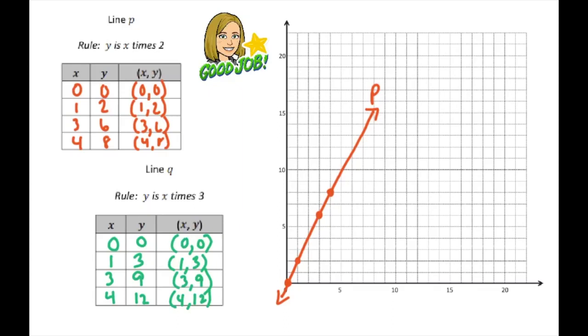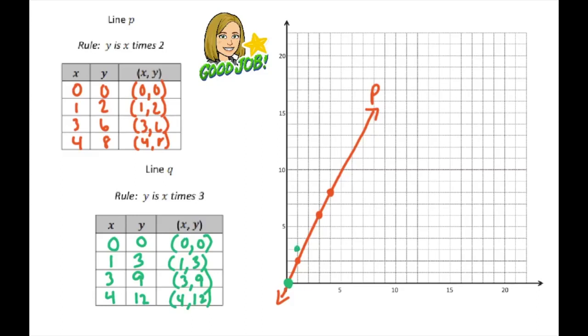Brilliant thinking. I heard the majority of you say, yes, these lines will intersect, and it's because they both have a coordinate pair of 0, 0. So they actually intersect right at the origin. So let's go ahead and graph line Q. So we have, like I said, we're going to start at the origin.